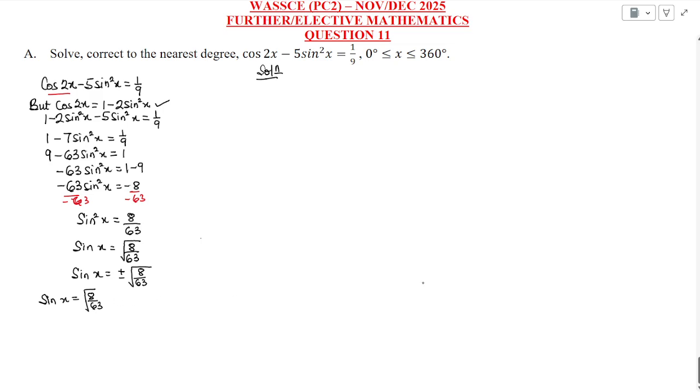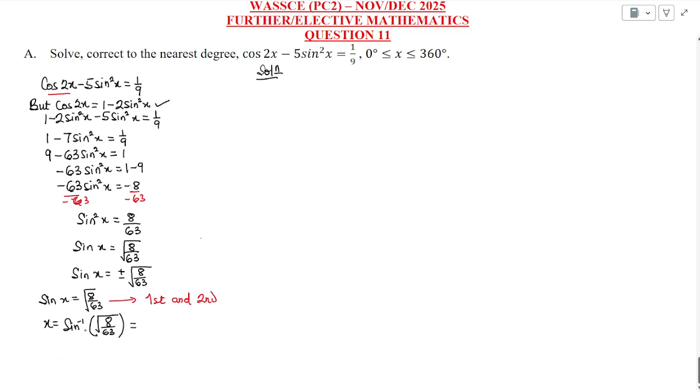When sine x equals the positive square root of 8 out of 63, we are going to find our answer in the first and second quadrants. In the first and second quadrants, sine is positive. So let's look for the values of x. x is equal to sine inverse of the square root of 8 out of 63.